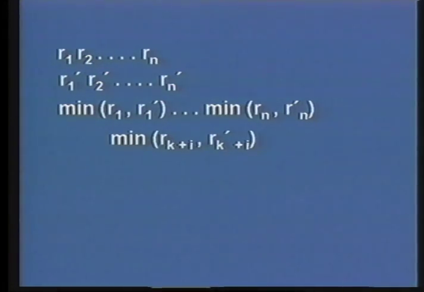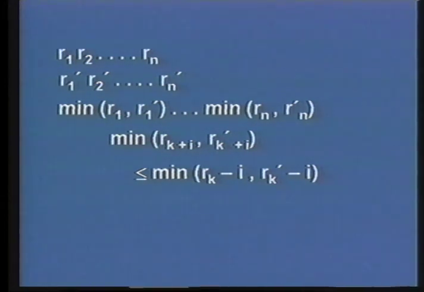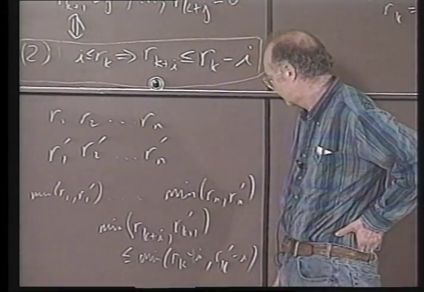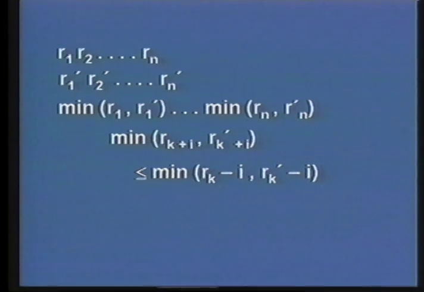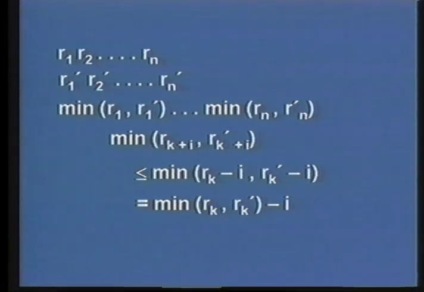The minimum of Rk plus i and Rk prime plus i is less than or equal to the minimum of Rk minus i and Rk prime minus i, because if you take the minimum of two things, this one is less than or equal to this one, which is less than or equal to this, and this is just the minimum of Rk prime minus i. So condition 2 holds as well.